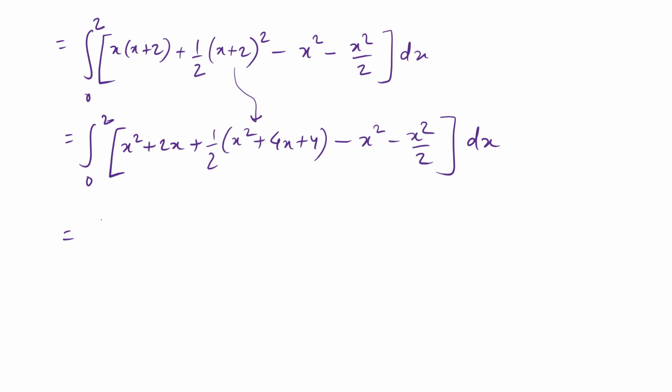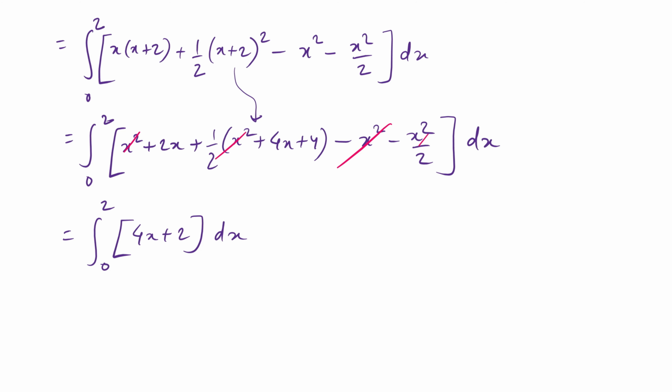Most of the things get cancelled, this half will get cancelled, and we are left with 4x plus 2 and then dx.